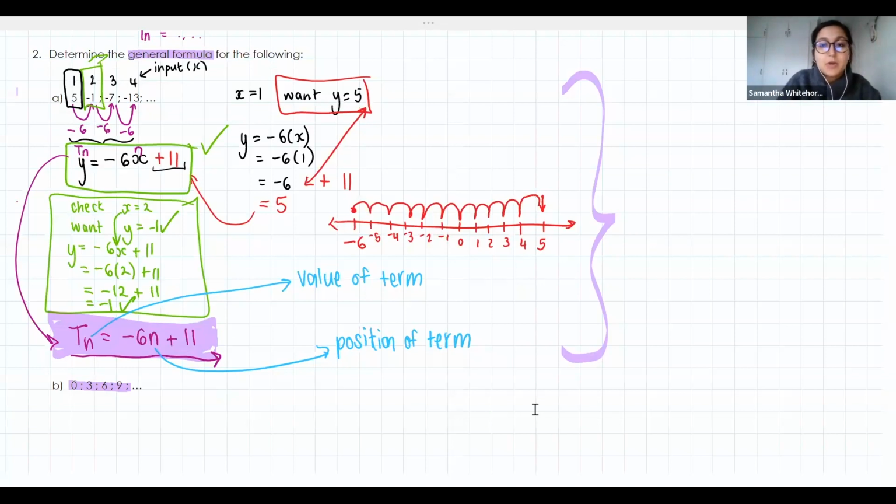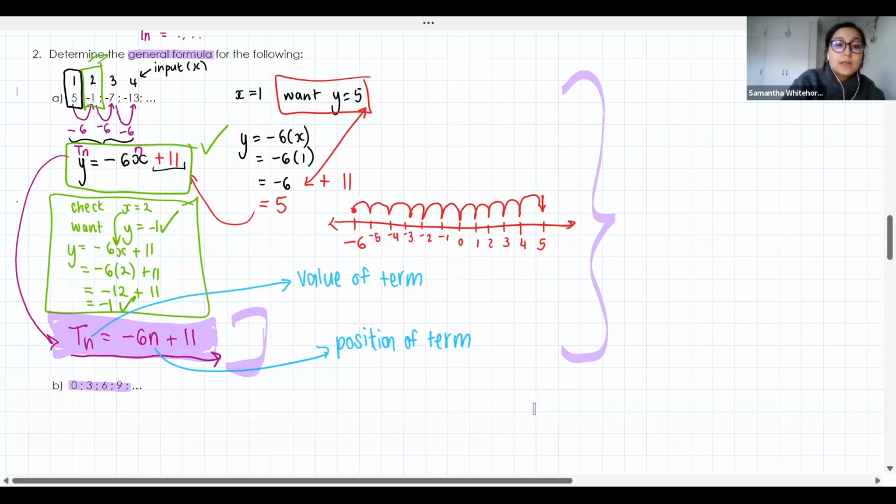Remember, grade 8s, I'm not asking you to describe the pattern. I want the rule. So yes, we're adding 3, but now you need to take that and put it into this rule format. Put it into Tn equals.